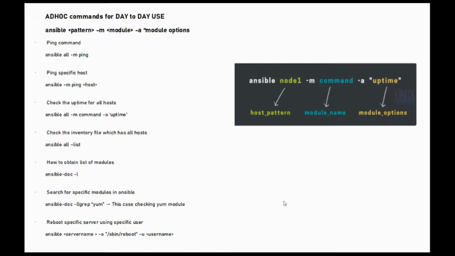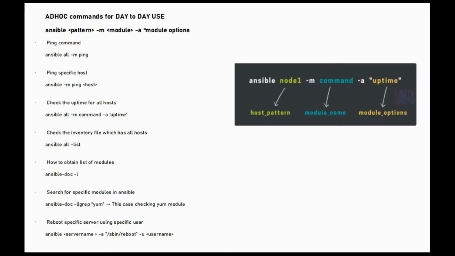Moving to the next, an important command. If I want to reboot a specific server using a username, the command is ansible, the server name which I need to reboot, which is the pattern, -a, the module options, which here is reboot, and -u is the username, the user by which you want your server to be rebooted.